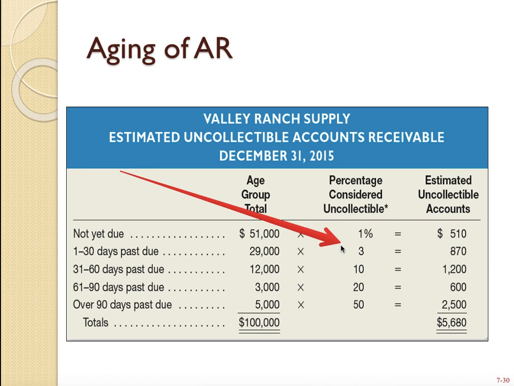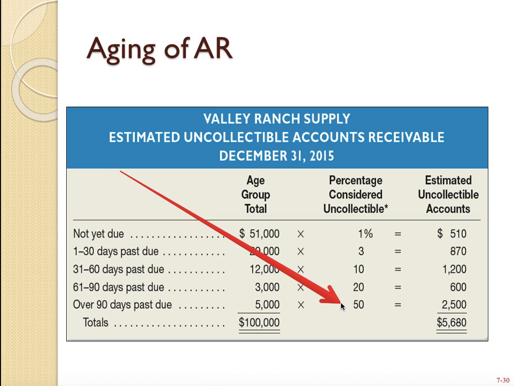And what you notice here are the different percentages, right? So for the stuff that's not due yet, we're going to say we think 1% of that is uncollectible. But you'll notice that the older the AR gets, now we start saying more of it is uncollectible, meaning that the older your AR is, chances are it's harder and harder to become collectible, right?